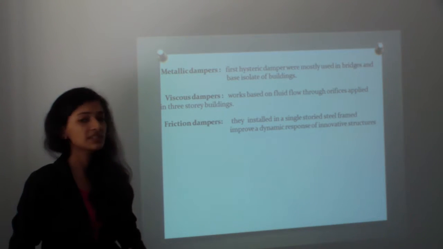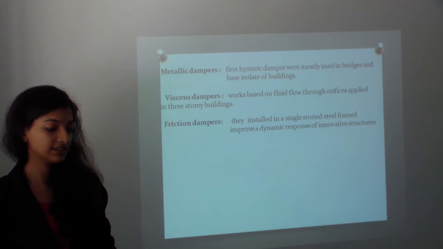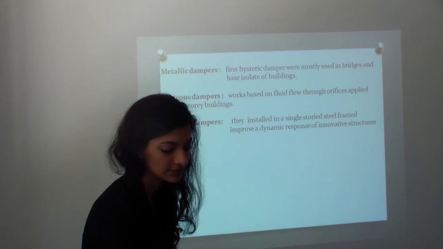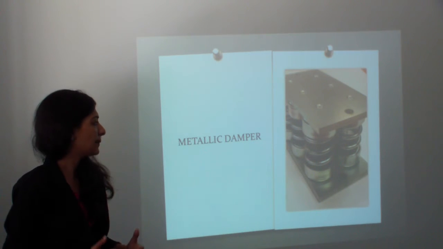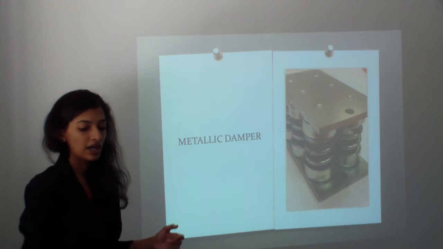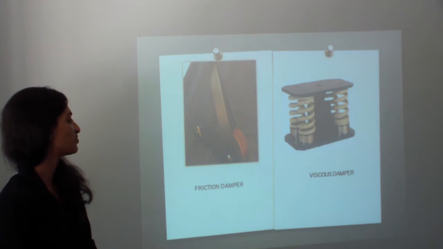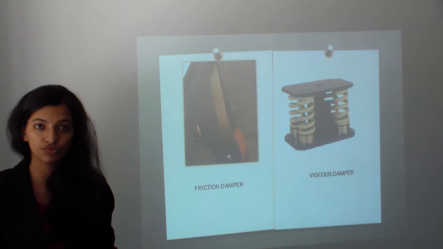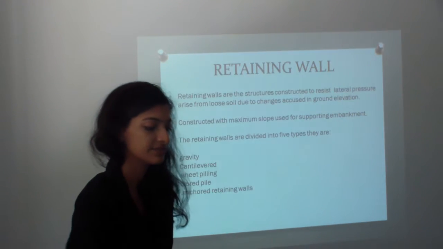And the friction dampers, they are used in single storied steel frames and other structures. This picture shows the metallic damper, and this is a typical picture showing friction damper as well as viscous damper used for the controlling of the seismic vibration.